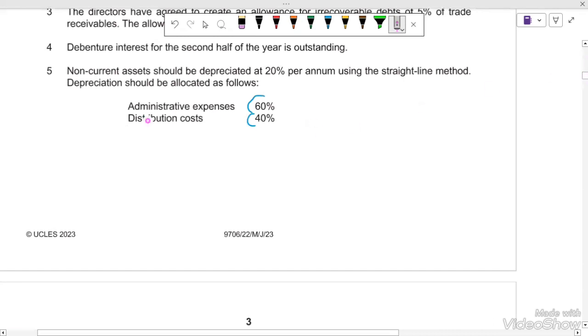Here you can see that non-current assets should be depreciated at 20% per annum using the straight line method, and depreciation should be allocated as follows. Whatever depreciation amount you have, you just have to allocate 60% of that amount to the administration expenses and 40% to the distribution cost.